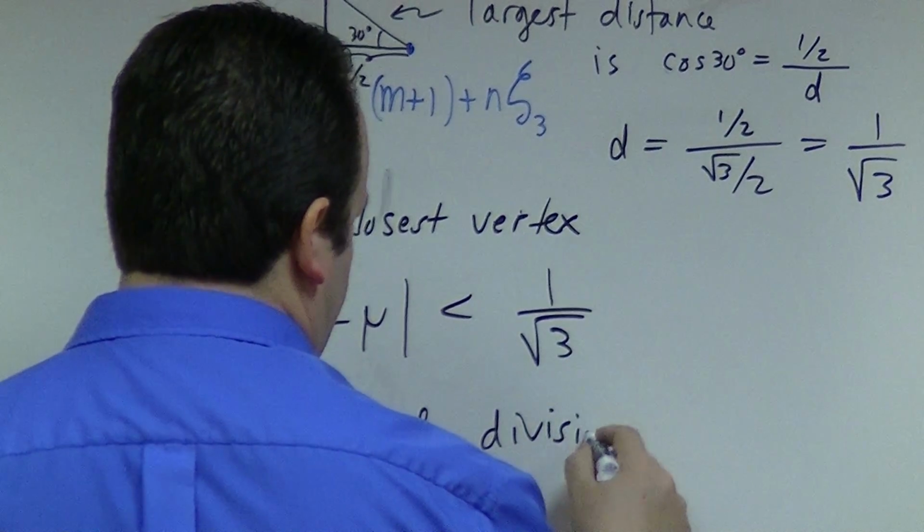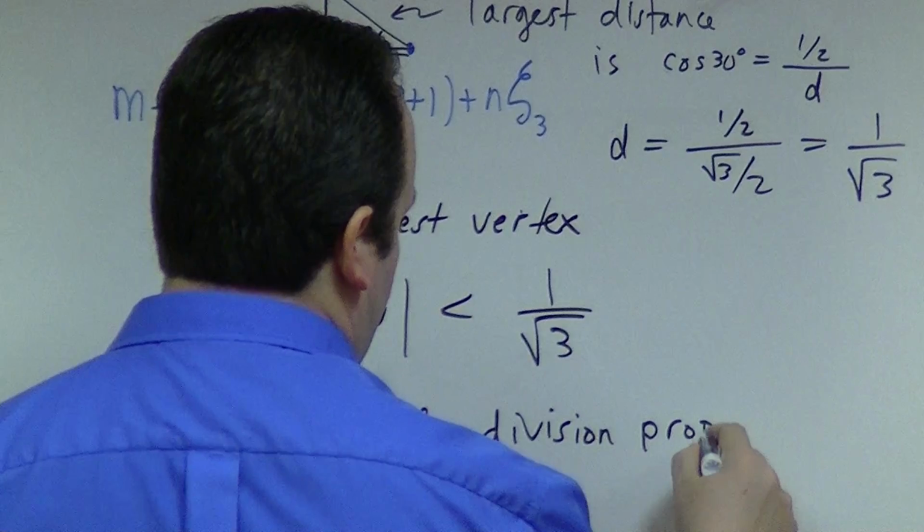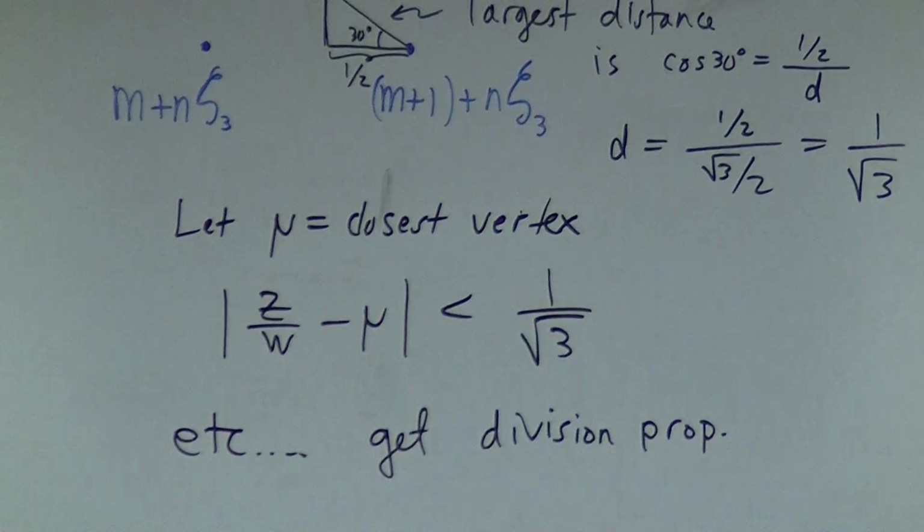I have the gory details written in the notes, but you don't need to see me do this argument again. You start with what we want, which is that the size of the remainder is less than the size of the dividing number, right? That same list of equivalences goes through. It ends up being that you just need the condition that the distance to the closest integer point on the lattice is less than 1.